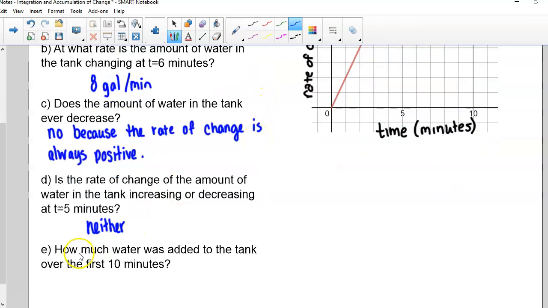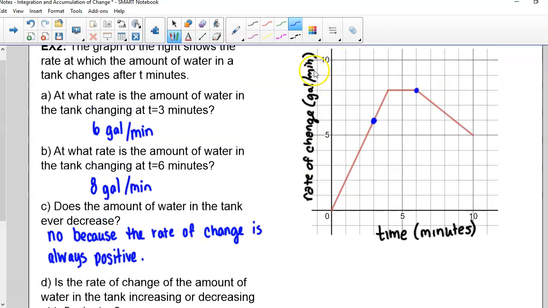Alright, so if we want to know how much water was added to the tank over the first 10 minutes, then if we want to go from the gallons per minute back to just the number of gallons, right, then we could take gallons per minute and multiply it by the minutes, right?